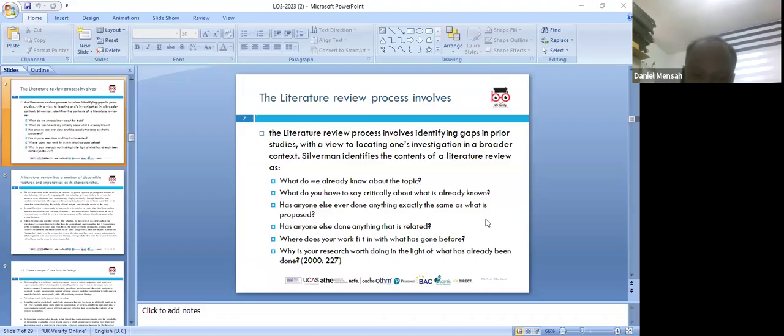And then has anyone else done anything that relates to what you seek to do? Where does your work fit in with what has gone before? Why is your research work needed in light of what has already been done? So your research work should solve problems. I mentioned that.